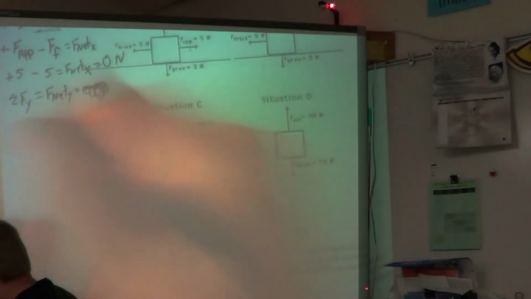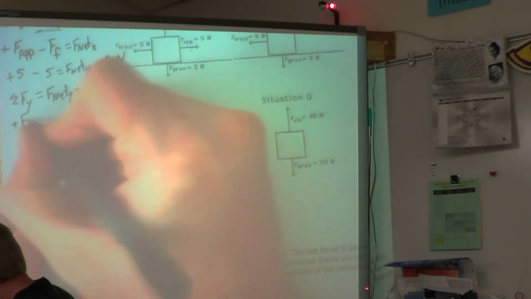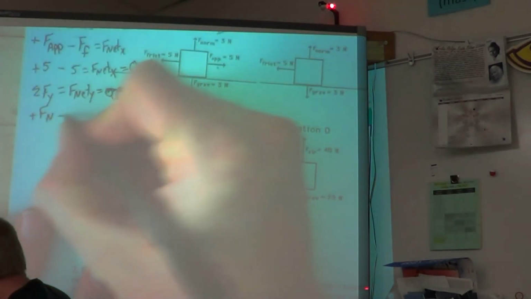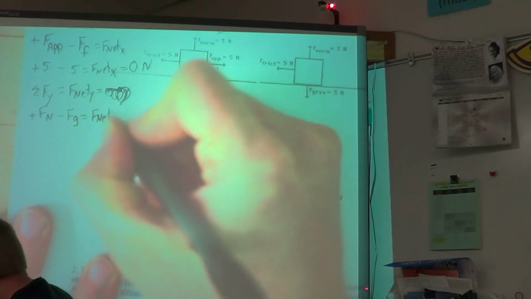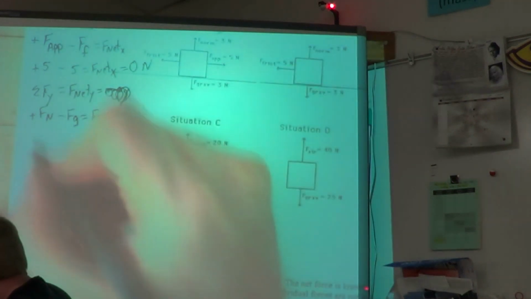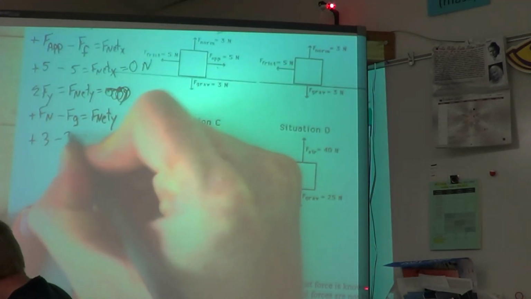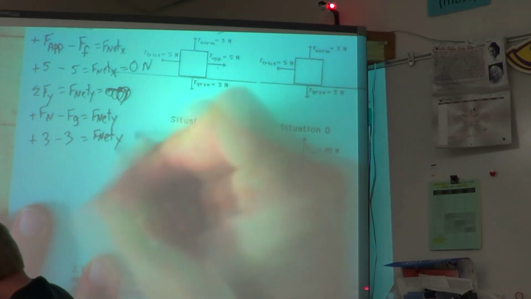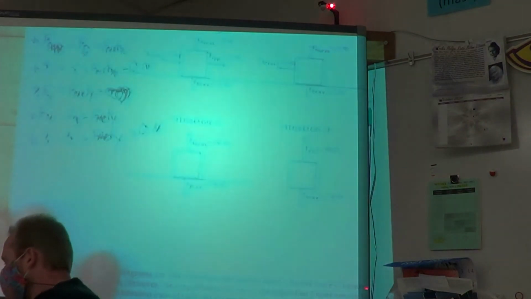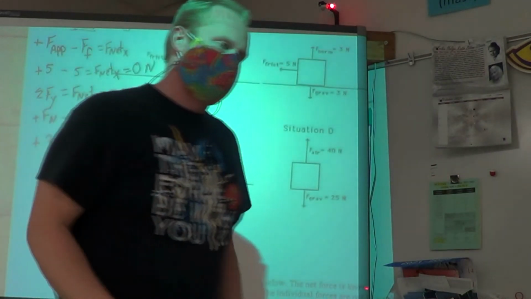So I look at my free body diagram and add all of my forces going up. I have a normal force. I subtract all my forces going down. I have a force of gravity. And that's equal to F net in the y. I add my values to my equation to quickly determine that my F net in the y direction is 0.